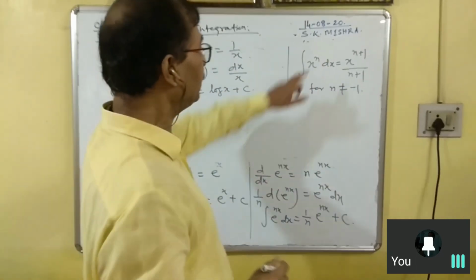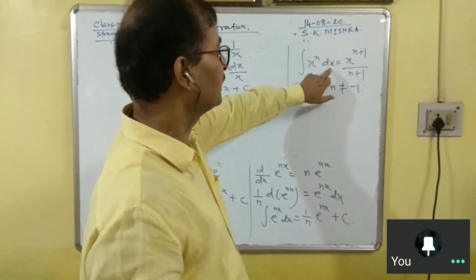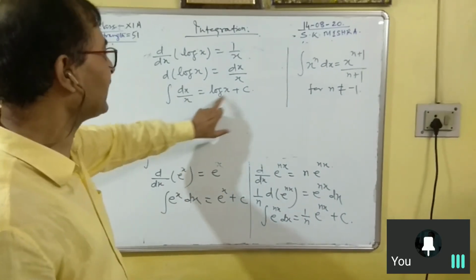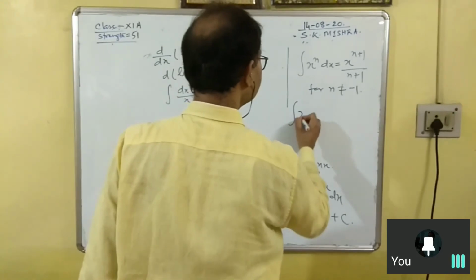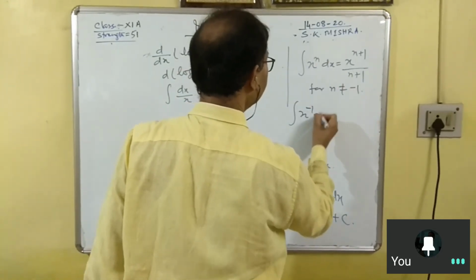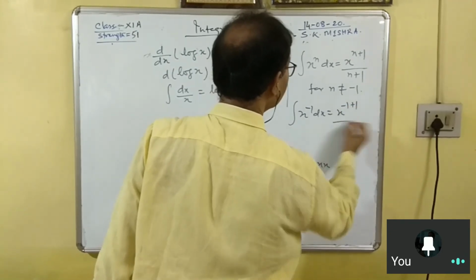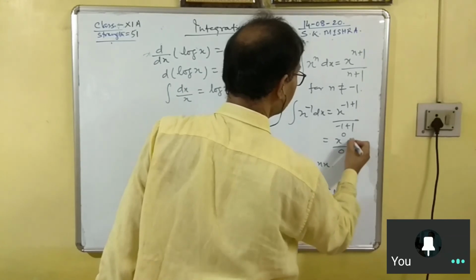The moment you put n equal to minus 1, then it is x raised to minus 1 dx, which is dx by x. Now integration of dx by x is log x only. And if you put n equal to minus 1 in the formula, then see what is happening. So x raised to minus 1 plus 1 by minus 1 plus 1. The result becomes x raised to 0 by 0. So that is 1 by 0.